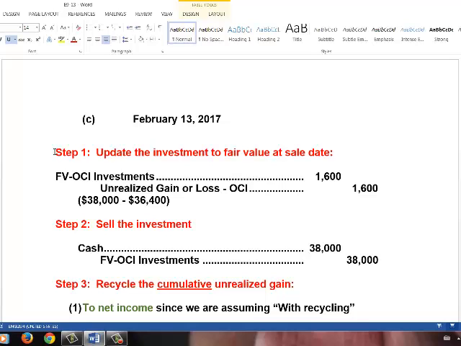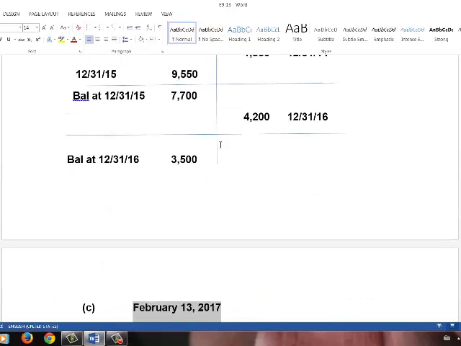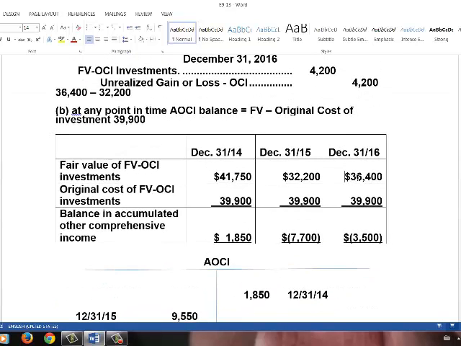Regardless if it's with or without recycling, first thing I got to do is update my investment to the fair value at this date of sale, and I know it's $38,000. I already know from the question at the end of 2016, it's sitting at $36,400. If you don't like my chart, look at the problem. It gives it to you. Fair value December 31st, 2016, $36,400. You sold it for $38,000. That must have been the fair value, the market price at that date.